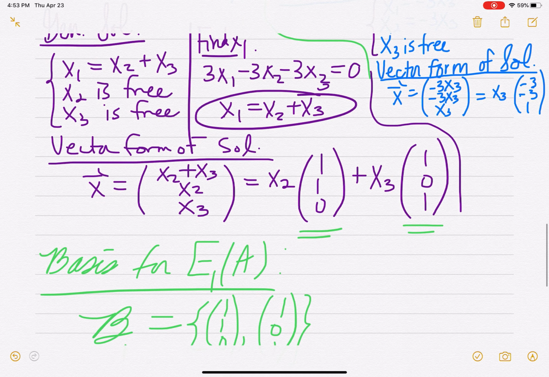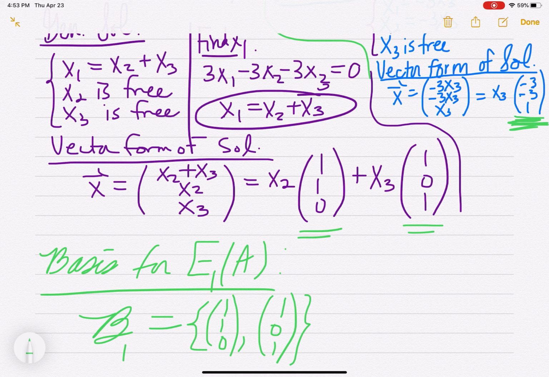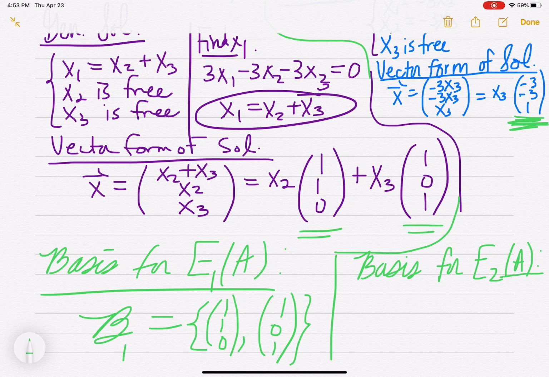So that single vector, negative 3, 1, is going to be a basis for the second eigenspace, E2 of A, the eigenspace associated with the eigenvalue 2. We're going to call that B2 for the second basis. It's going to consist of a single vector, negative 3, and 1.